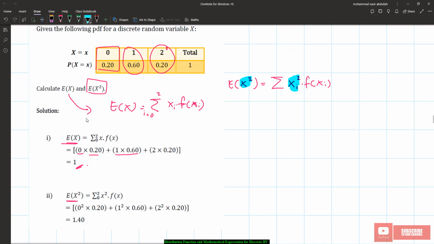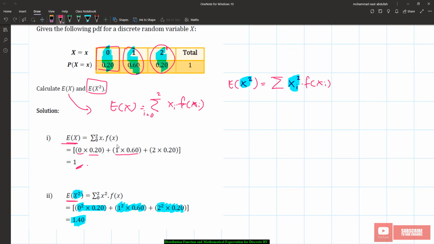You see here, 0 squared, because this is x squared, 1 squared, 2 squared, and everything follows the same concept. 0 squared multiplied with 0.2 for the first one, 1 squared multiplied with 0.6 for the second one, 2 squared multiplied with 0.2 for the third one. So the total of this one is equal to 1.4.